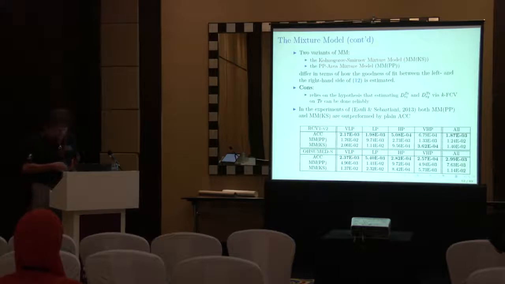There are different variants of this model that have been attempted, which differ in terms of how the goodness of fit between the left and the right side of the equation is tested. Essentially, these are methods to estimate how well the two distributions fit each other.